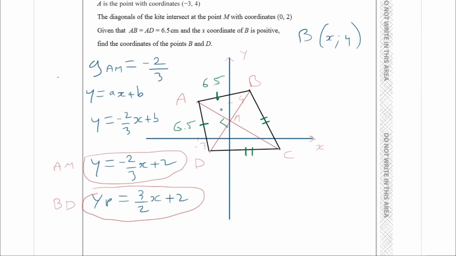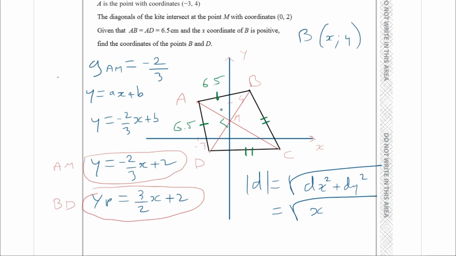So continuing with that idea, the distance formula is the square root of the differences in x squared plus the differences in y squared. And the differences in x between A and B, we can say, so the square root of, so B has x coordinate x, so we can say x minus the x coordinate of A, which is -3, so x minus -3 is x plus 3, and that'll be squared, plus the coordinates of y, which is y minus 4.